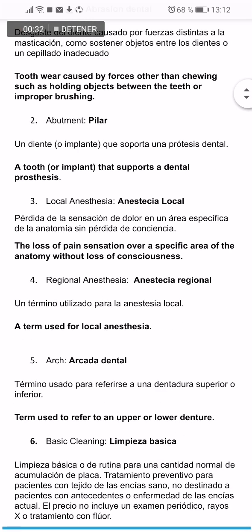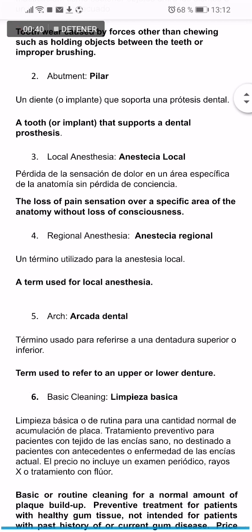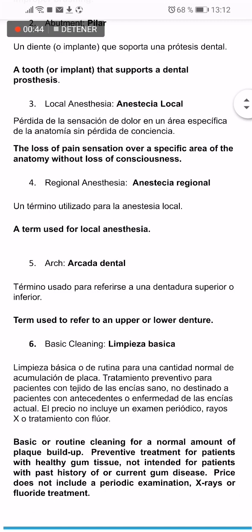Abutment, pilar: a tooth or implant that supports a dental prosthesis. Local anesthesia, anestesia local: the loss of pain sensation over a specific area of the anatomy without loss of consciousness.